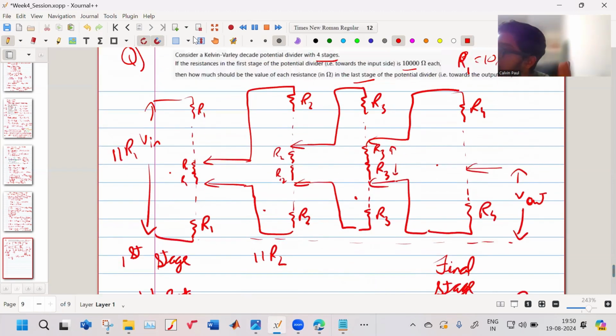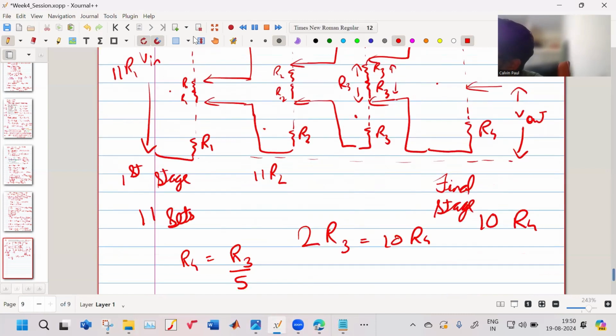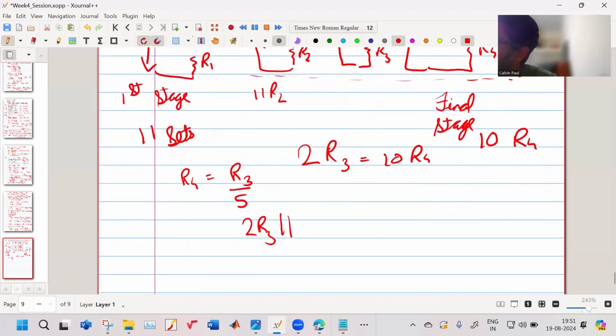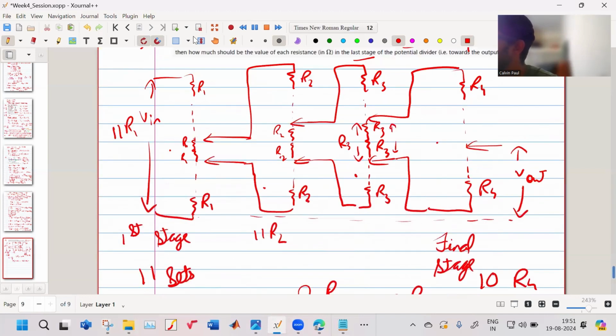So effectively across this part, you will get a resistance of only R3. Because 2R3 parallel to 10R4 is equal to 2R3 parallel to 2R3, which actually is equal to R3. So this entire part is equivalent to a single R3.